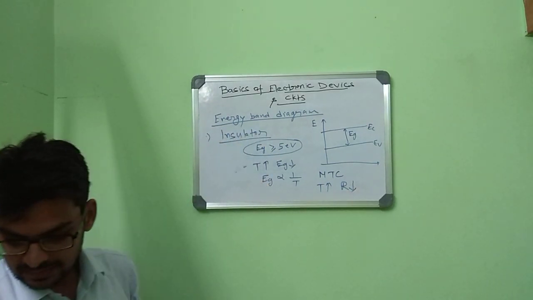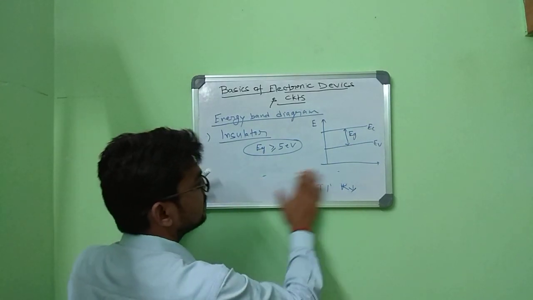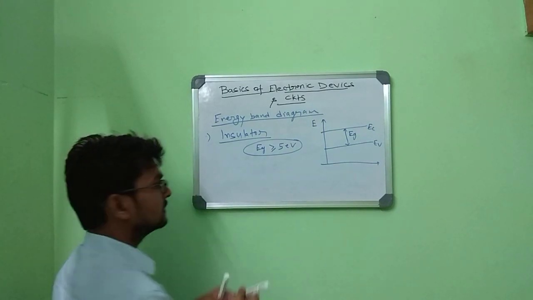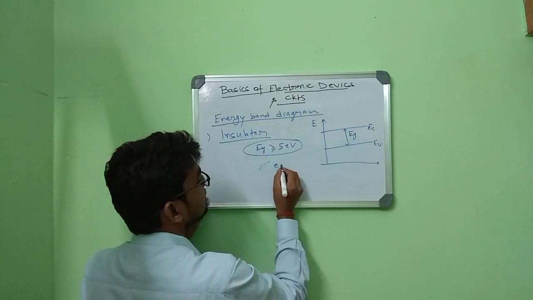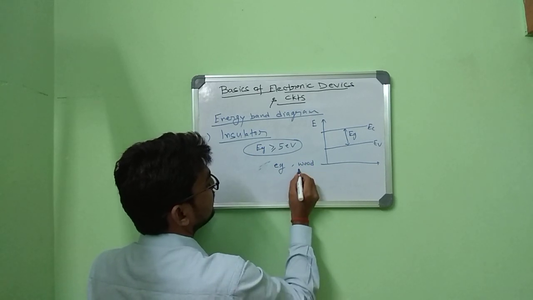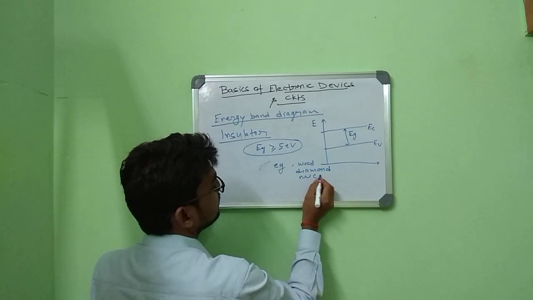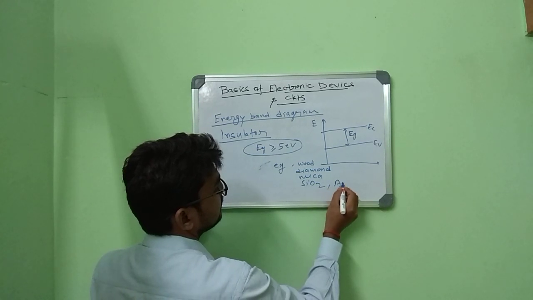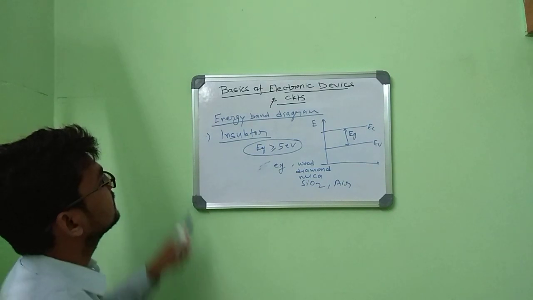There are no free electrons at absolute 0 temperature as well as at room temperature. Examples: wood, diamond, mica, SiO2, air. All these are examples of insulators.